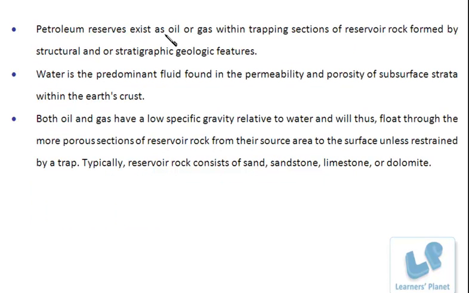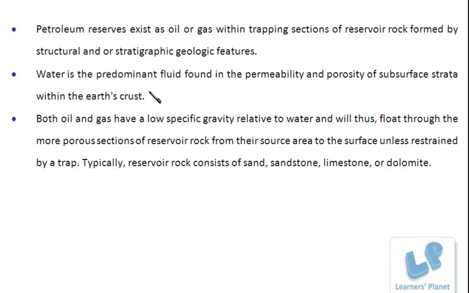Petroleum reserves exist as oil or gas within trapping sections of reservoir rock formed by structural or stratigraphic geological features. That is, the formation of the layers of rocks over the trapped, dead organisms. Water is the predominant fluid. Obviously, it is the marine conditions.